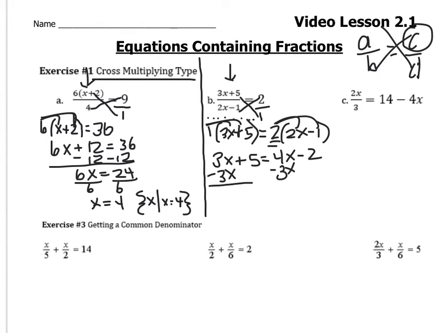I certainly could have subtracted 4x from both sides as well, but I like to keep my x variable positive. These cancel. I'm left with 5 is equal to 1x minus 2. 1x comes from taking 4x and subtracting 3x from it. Adding 2 to both sides, you see that x is equal to 7.